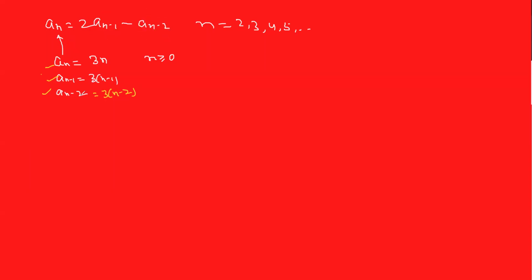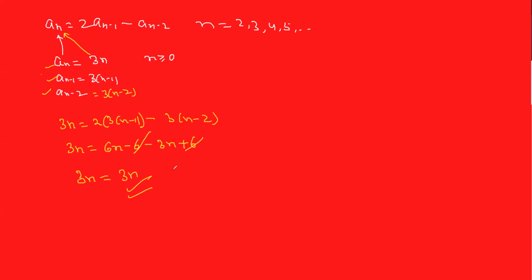Okay. So what is the value of a n? Put it on the left side. What is a n minus 1, right? Six n minus 6. 3n minus, plus 6. 6n minus 3n is 3n.